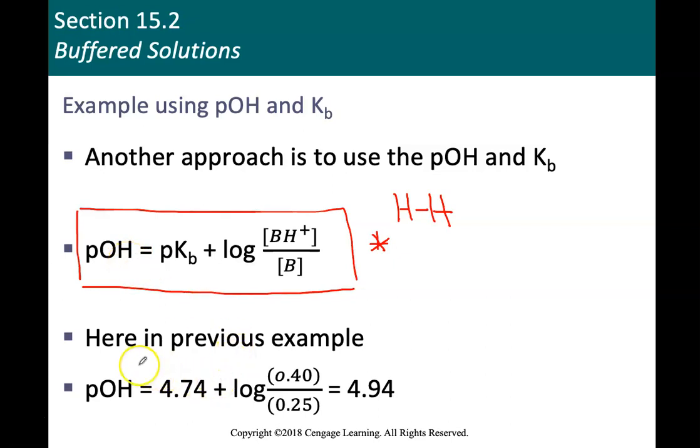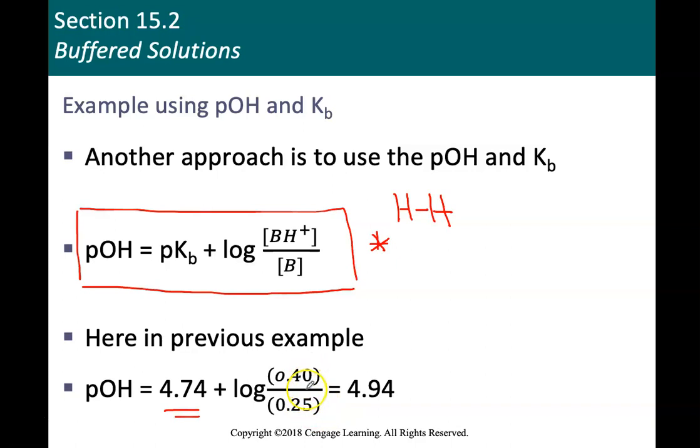All right, so let's try that with the previous example. pOH will be equal to pKb. Since we are given Kb, 1.8 times 10 to the power minus 5, convert that to pKb, it's 4.74, plus log of. Now, you see this ratio here?